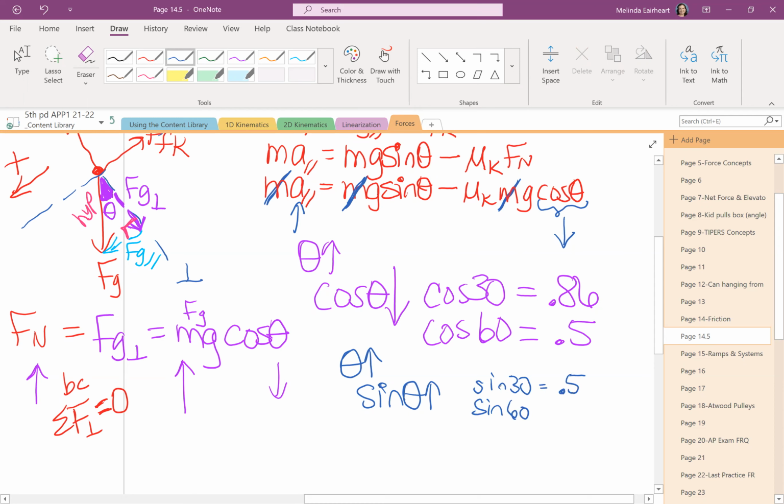Cosine 30 is 0.5. What's sine 60? 0.86. And you're like, I've seen those numbers before, right? So with 30 and 60, and then you reverse the trig function, they're kind of complementary to each other, right? Okay. And so as you increase the angle, sine theta goes up and cosine theta goes down. So that's actually good because the one with the greatest acceleration should have the biggest angle.